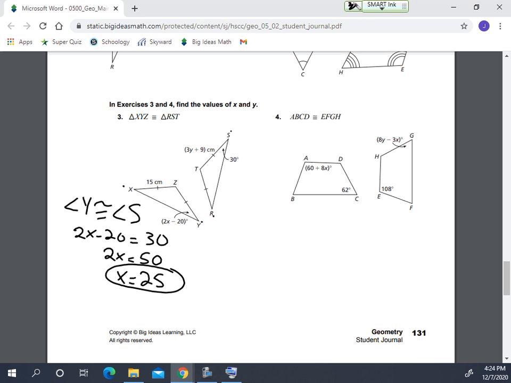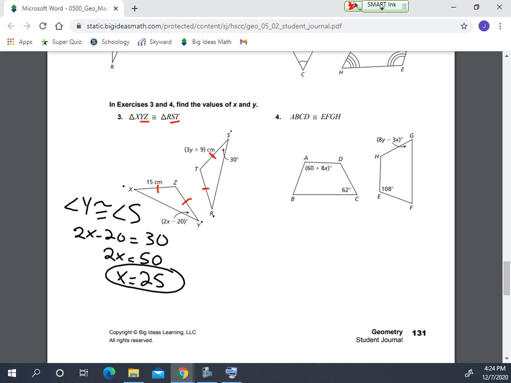Okay. Looking at my figure, I have a dash here and a dash here. So that means those are congruent side lengths, right? Well, YZ is congruent to ST. So these are congruent, right? Those are all congruent sides.